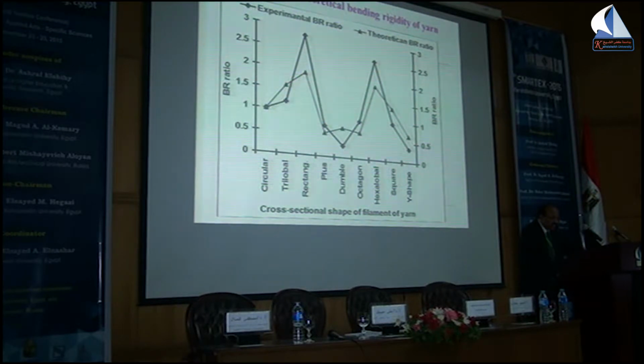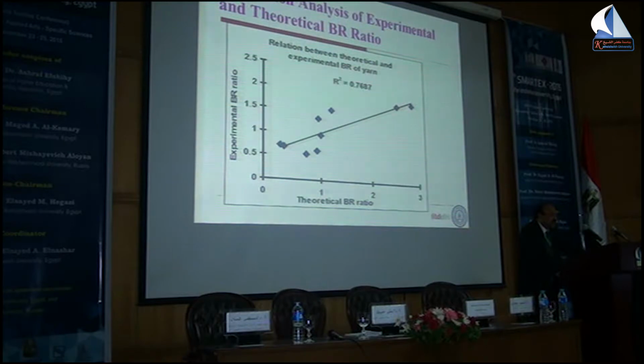This relationship has a very good correlation with the experimental bending rigidity ratio. You can see here the theoretical bending rigidity ratio and the experimental bending rigidity ratio are more or less exactly the same.